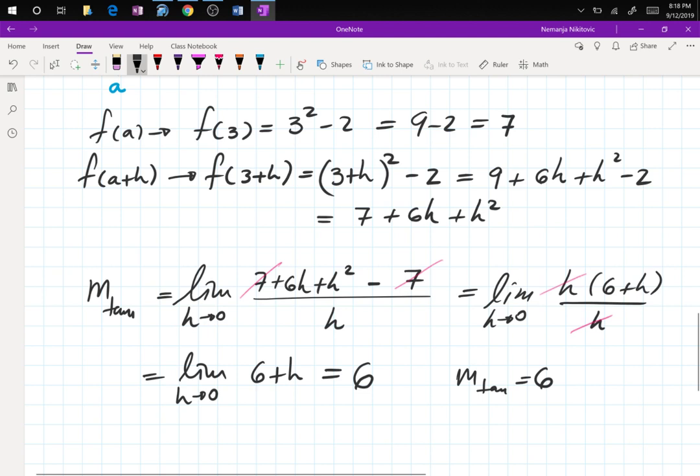That's the change, right? 6 of something in 1 of something. 6 miles per gallon. Let's say you're driving a truck, 6 miles to a gallon.